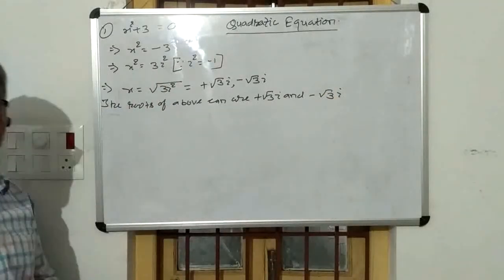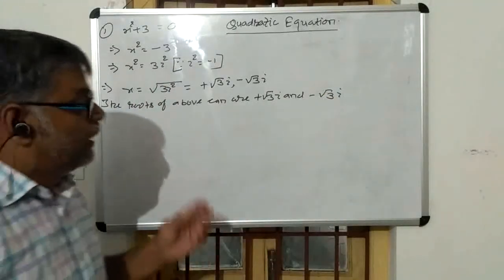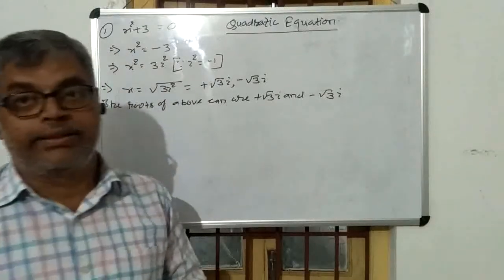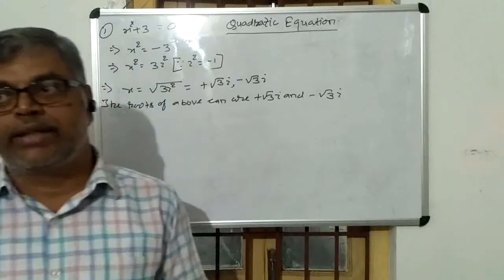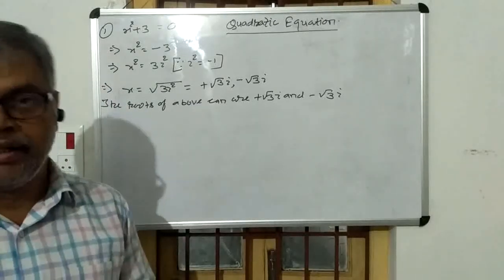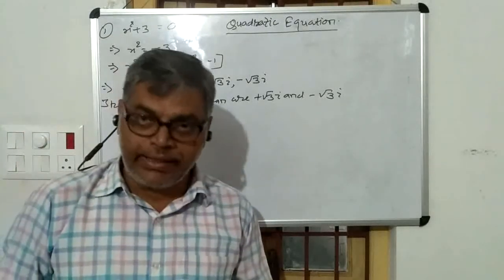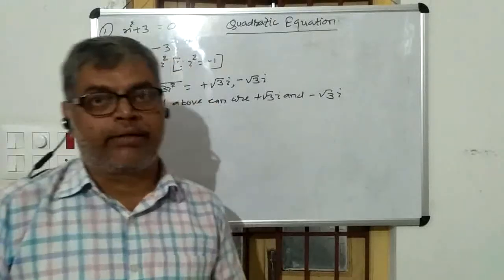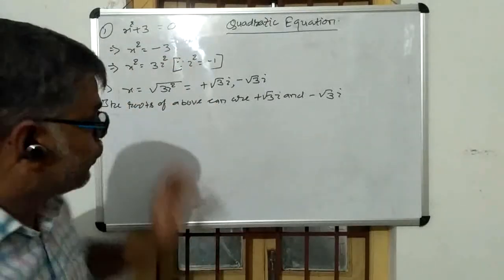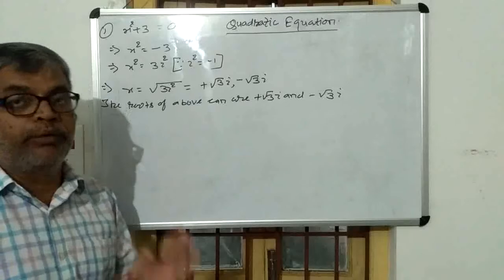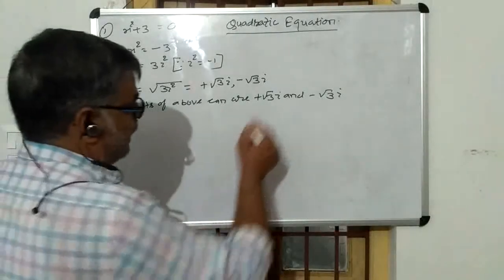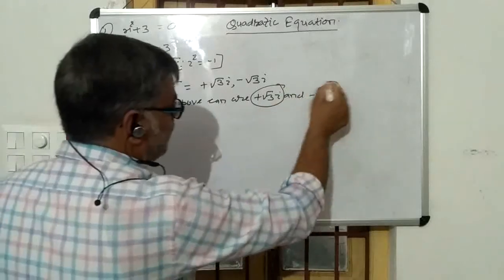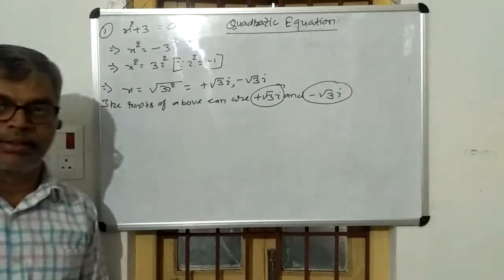And children, you must know that the quadratic equation has degree 2, so at most it has 2 roots. An equation having degree n will have at most n roots. So here a quadratic equation will always have 2 roots. So these are the required roots of this quadratic equation.